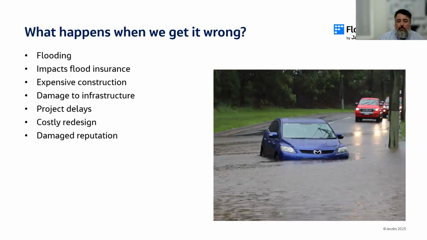So if we get things wrong, we can be too conservative and make things more expensive to construct, or we can have things that are too small and the infrastructure gets washed out. If our mistakes are discovered partway through a project, obviously it can result in project delays or costly redesign.